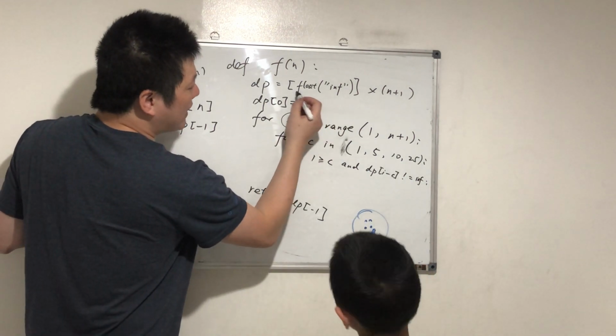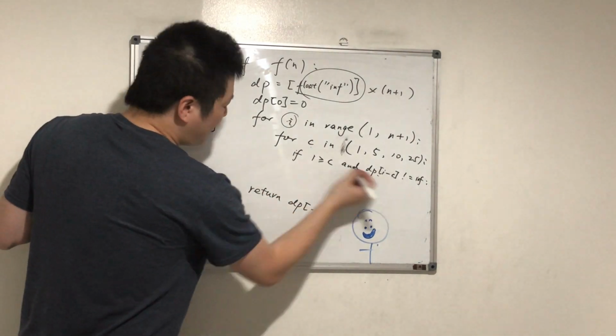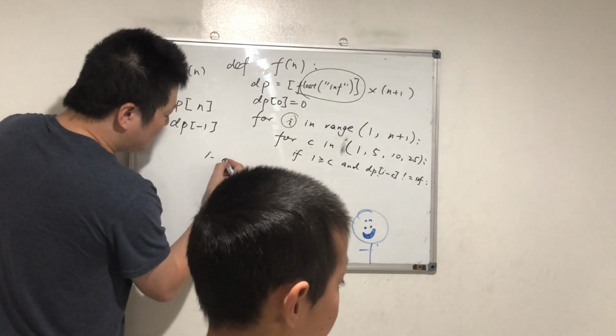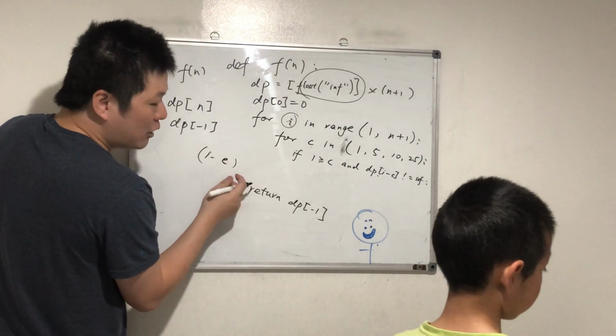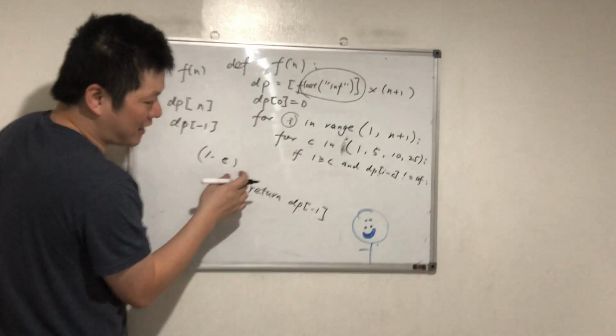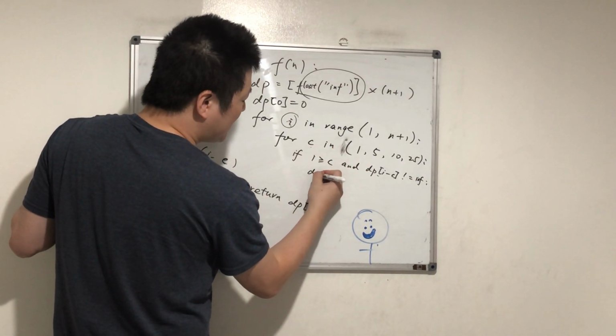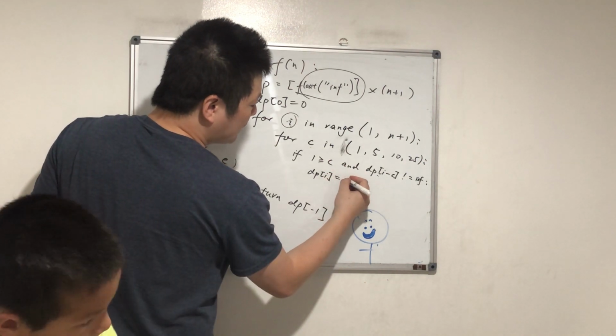Because the beginning is infinity. If we don't know how to come up with i minus c, then we don't continue. Otherwise, dp[i] equals min.